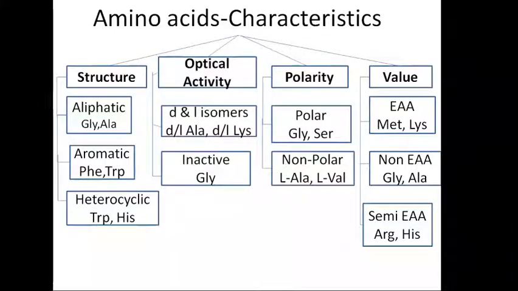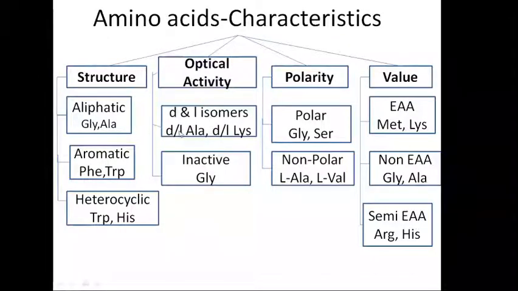Hence, they can exist in two different geometric arrangements or the spatial arrangement. Therefore, they are called the isomers. Now, these isomers can exhibit the property of optical rotation. What is optical rotation? They are able to rotate the plane of light of polarization.